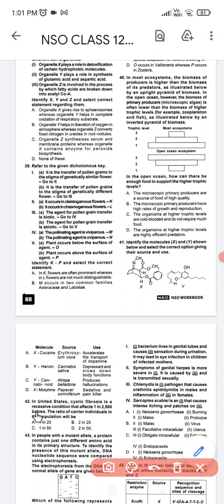The ratio of the carrier individuals in the population will be, you have to identify the correct answer. What is the correct answer option? And the correct answer option is 1 in 25.